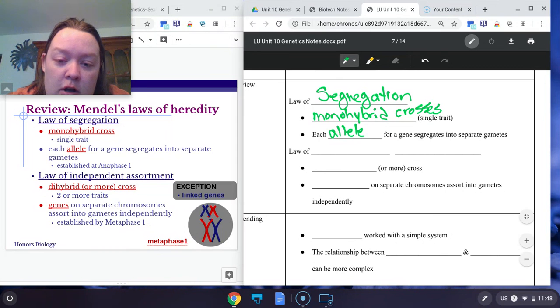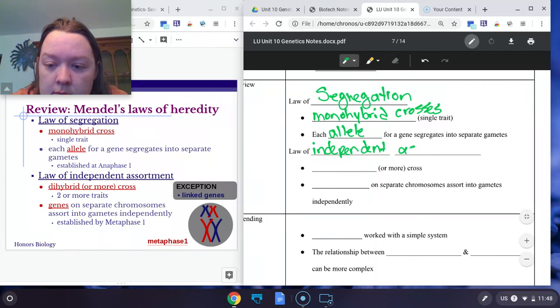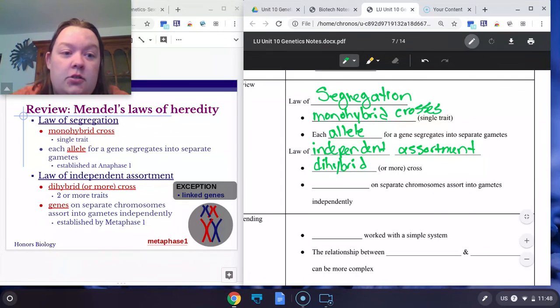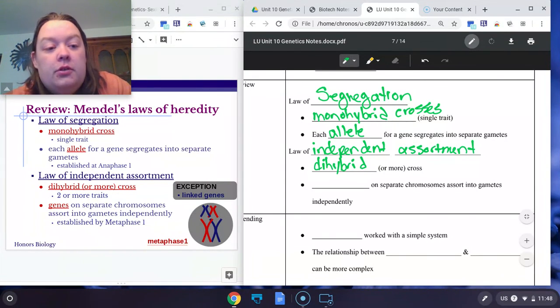And then the law of independent assortment states that you get each gene independently. So this is going to be important in a dihybrid cross, or if you keep going on in science, trihybrid cross, any larger crosses looking at 2 or more traits.